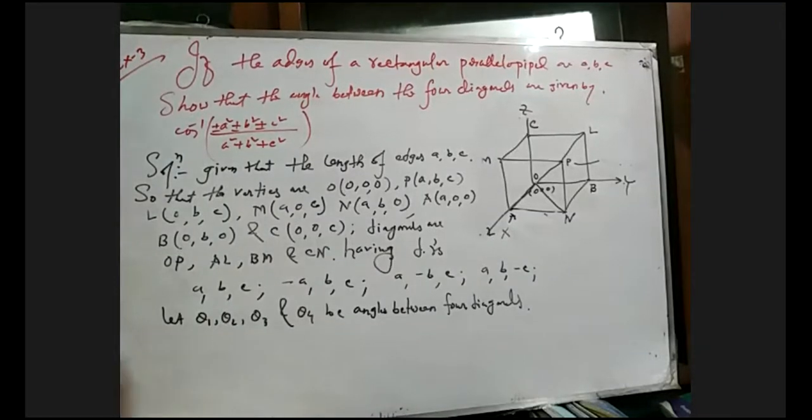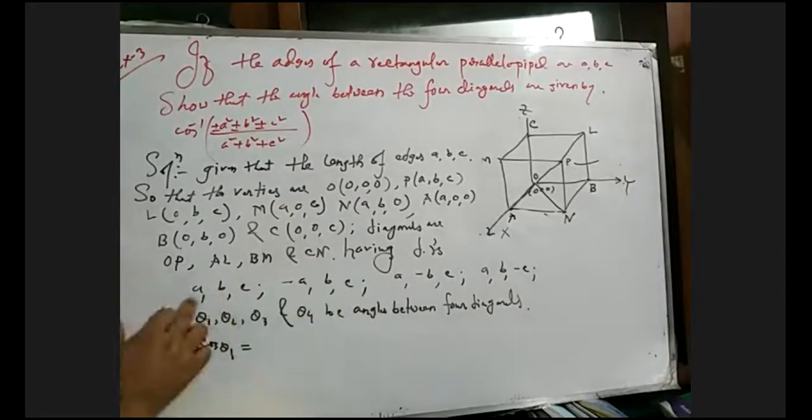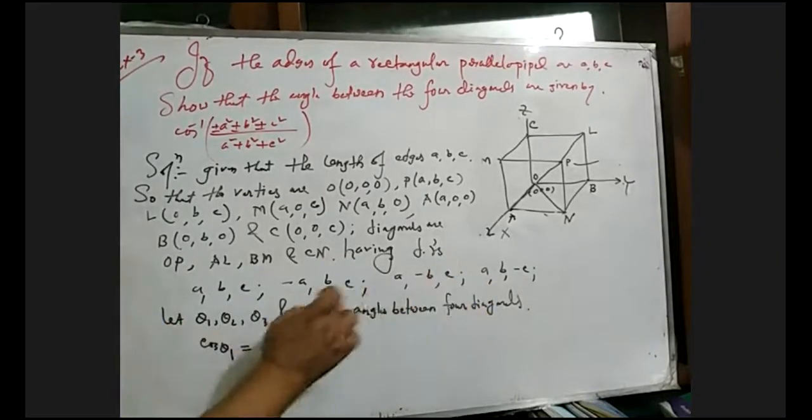So for the first angle, cos theta 1 equals, what will it be? The angle between OP and this line, and the angle between this line.